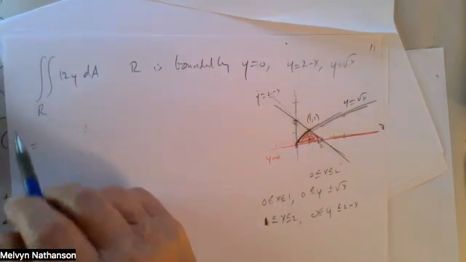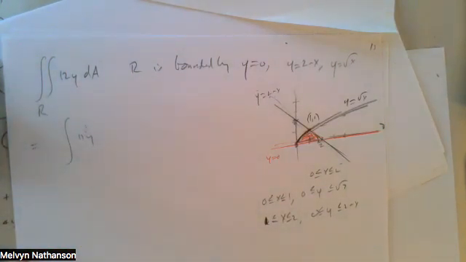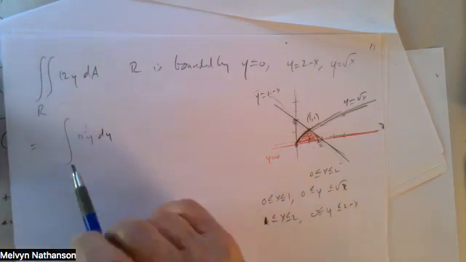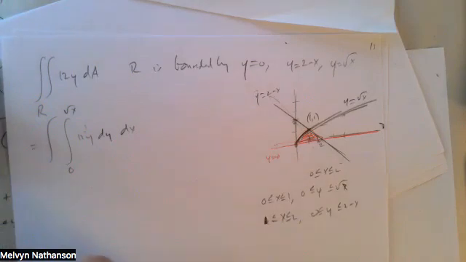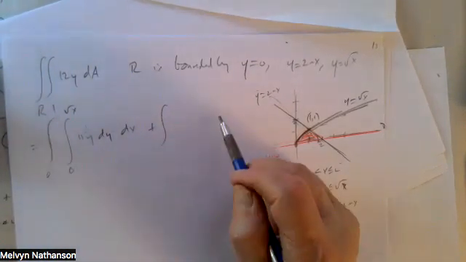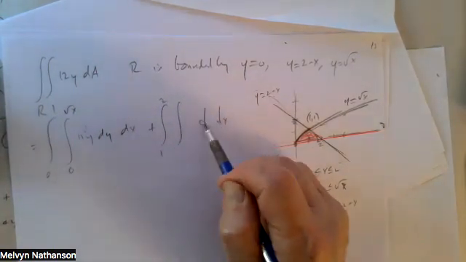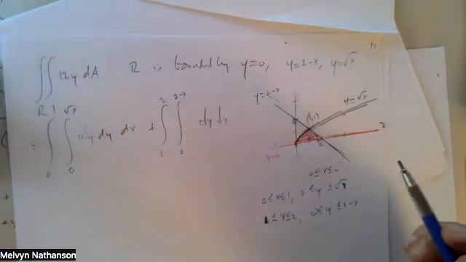You could integrate 12y first with respect to y, dy, from 0 to the square root of x, and then integrate that with respect to x from 0 to 1, plus, for x from 1 to 2, integrating with respect to y from 0 to 2 minus x of your function.